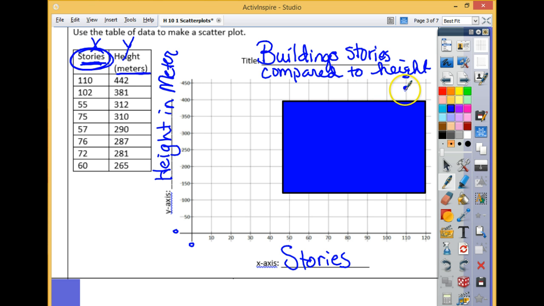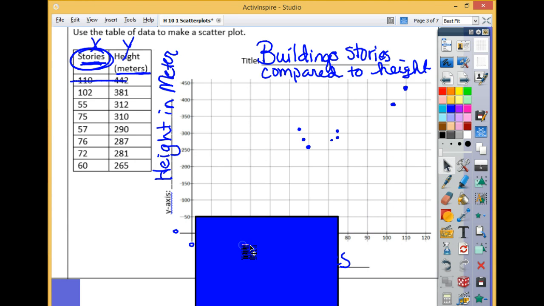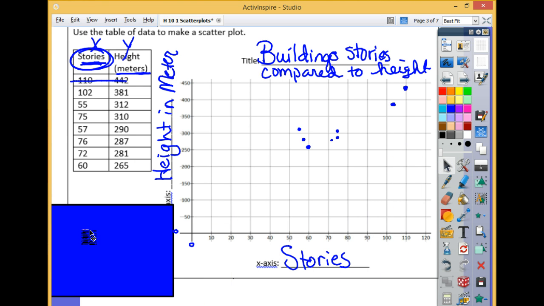We need to go to 442, so you're going to want to go up just a little bit more and put your point. That one's done. Go ahead and plot the rest of them. Okay, hopefully when you get them all plotted, do they match mine? How'd you do? Pretty close?